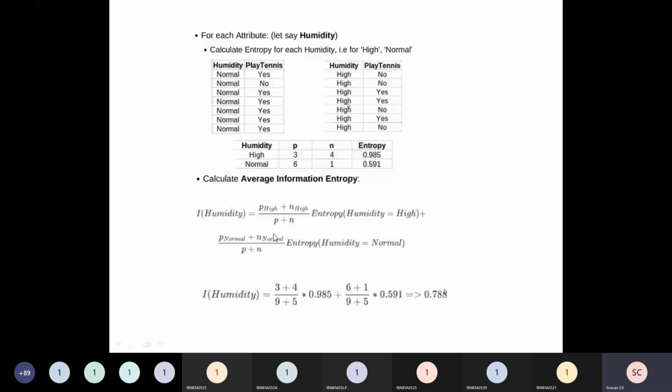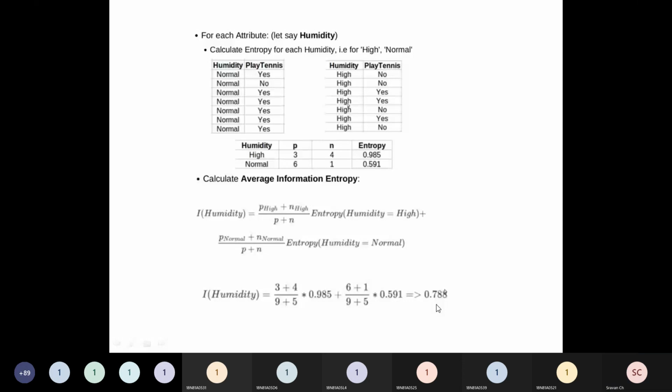So it will be 14. So 3 plus 4 divided by 14 into the entropy of humidity when it is high, which is 0.985, plus 6 plus 1 by 14 into its entropy, 0.591. So when I apply this, I got the I value of humidity as 0.788.